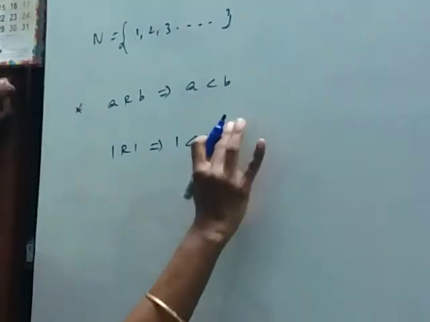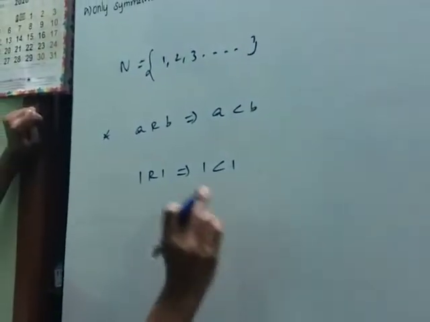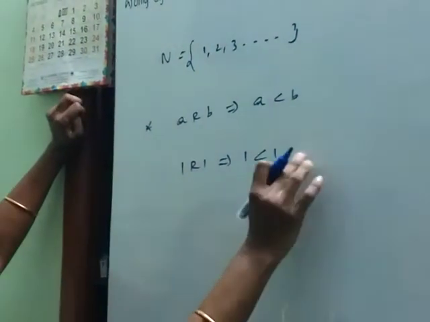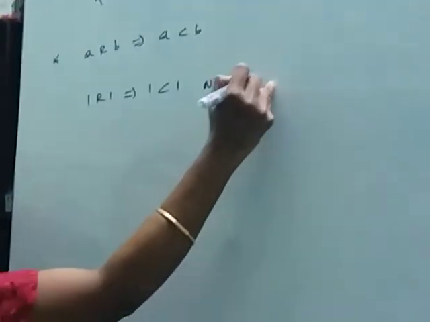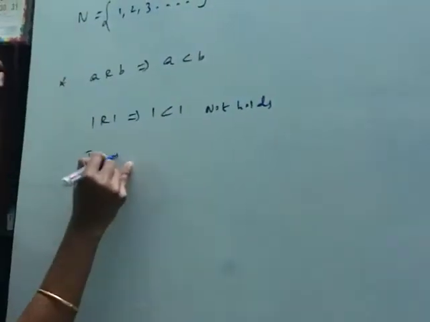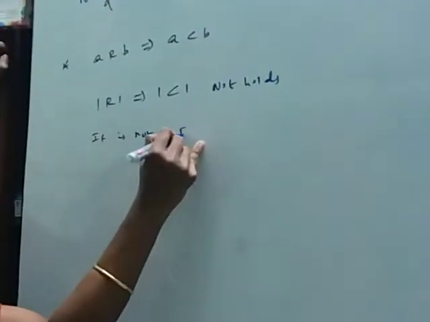This will not happen in maths. The same number is not less than that same number. So this does not hold, so it is not reflexive.